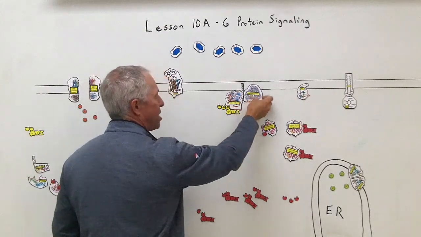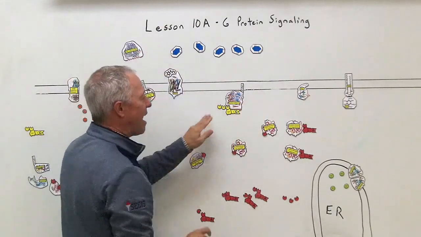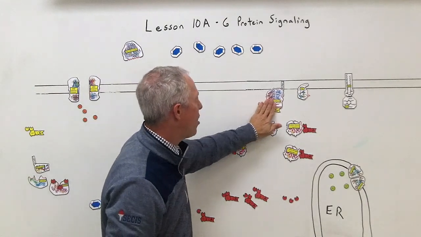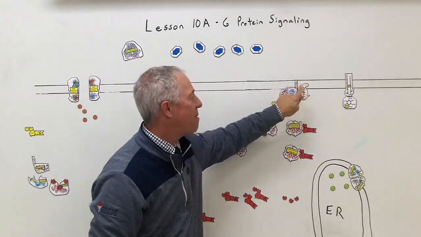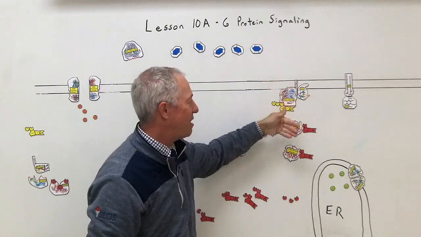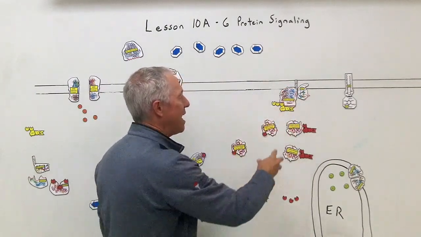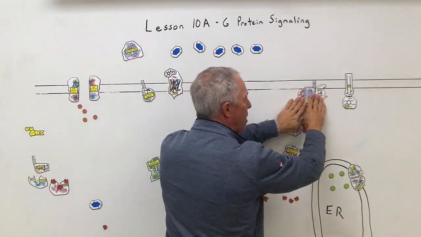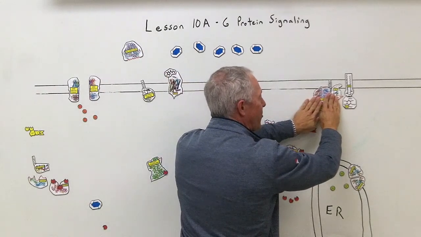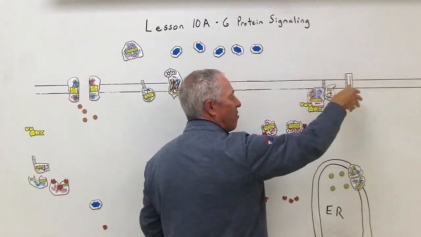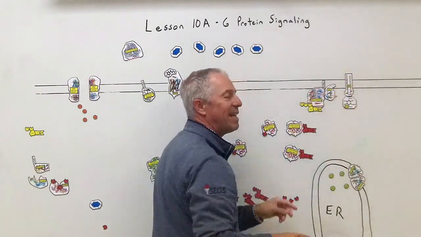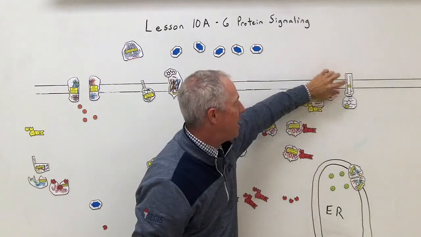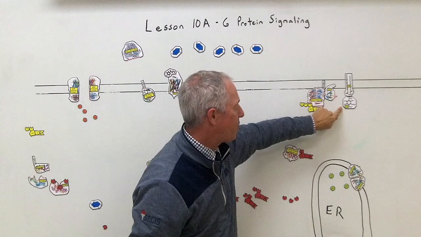Now, there's another instance where the alpha subunit can attach to a protein called phospholipase C and activate that protein. And this alpha subunit phospholipase C complex can break down a complex that's in the membrane that consists of two molecules, DAG and IP3.